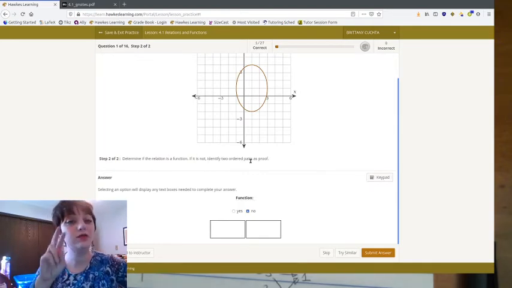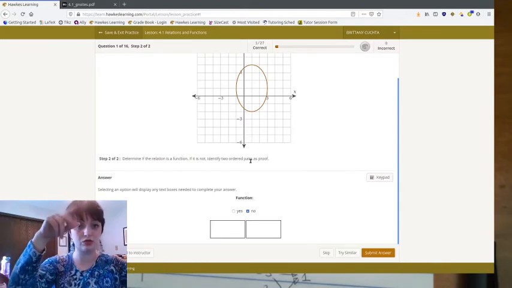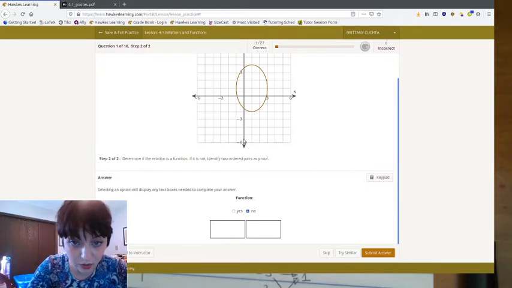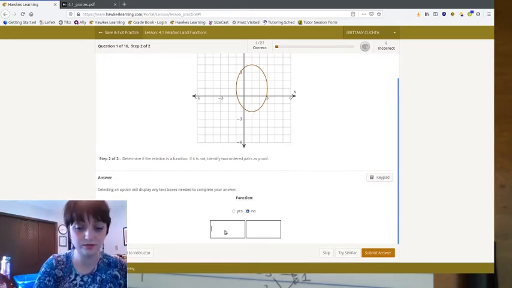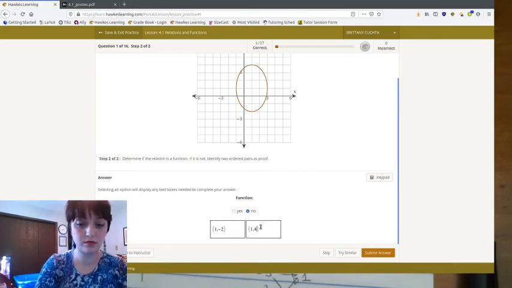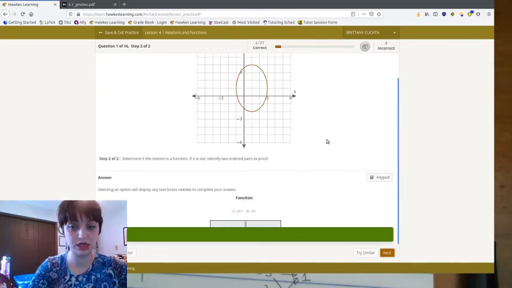So give me 2 points that justify the fact that it isn't a function. In the same way in example B that we just did, I circled those 2 points that were on top of each other. So here I can list (1, -2) and then (1, 4). Done.